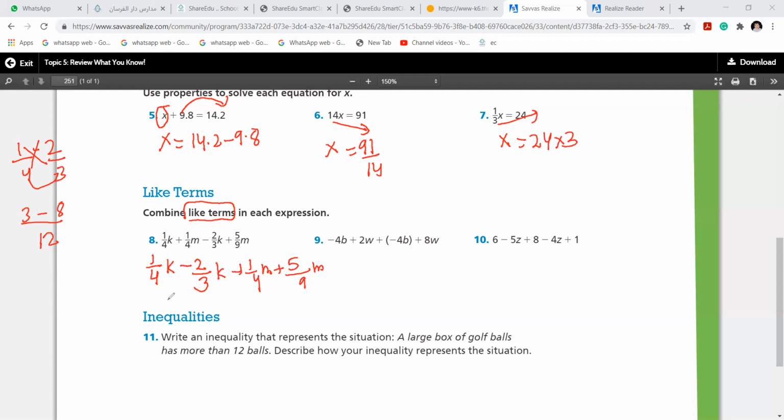Minus 5 over 12k. And let us solve 1 over 4 plus 5 over 9, again 45 and cross multiply, 9 plus 20, 29 over 45m.